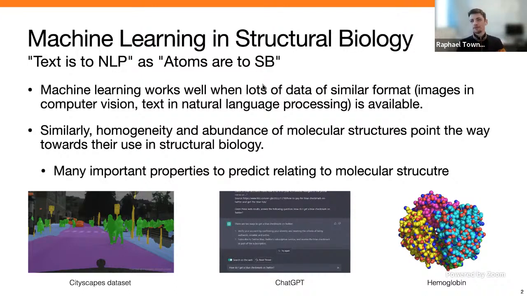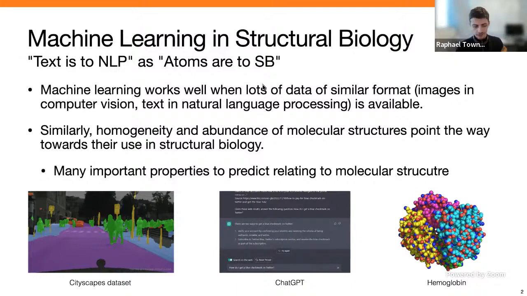If there's one thing that I want people to take away from this, it's that structural biology is emerging as a very interesting area where you have this fundamental machine learning data type, in this case atoms, that you can really collect in abundance to predict very interesting properties relating to these atomic systems. So very similarly to the pixel in computer vision or the character in natural language processing, the atom is emerging as a fundamental machine learning data type for structural bio.